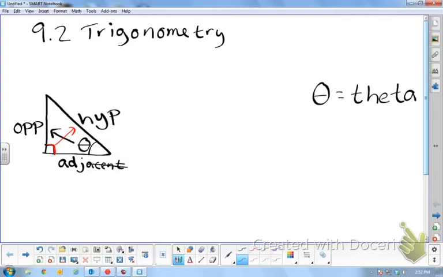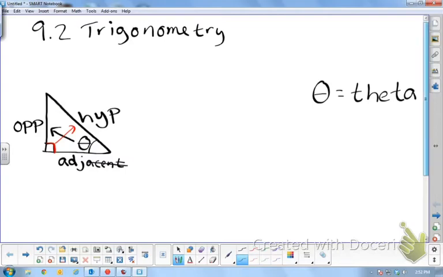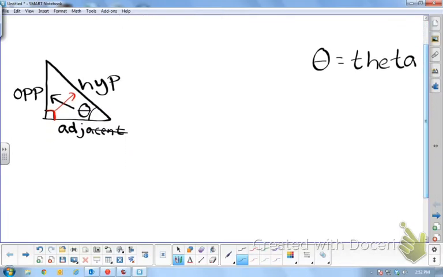So in trigonometry, they wanted to compare all the different sides to each other. They wanted to say, what's going to happen if I divide the opposite over the hypotenuse? What's going to happen if I divide the opposite over adjacent? And they found that when you do that, it gets the same answer every time if your angles are the same every time. So they came up with three trigonometric functions: the sine function, the cosine function, and the tangent function.